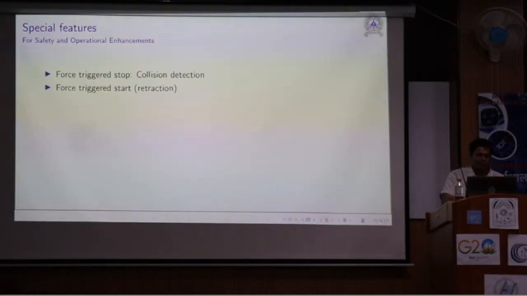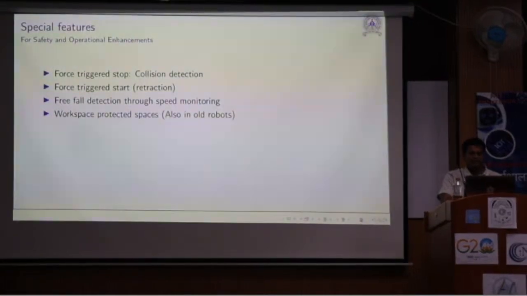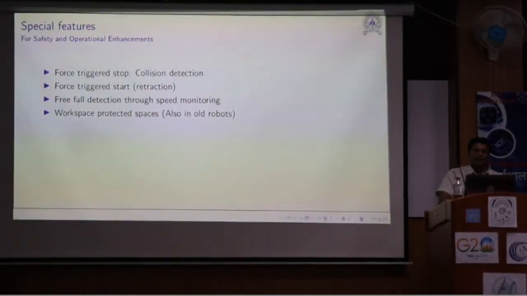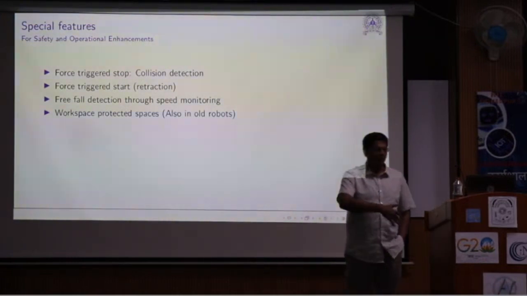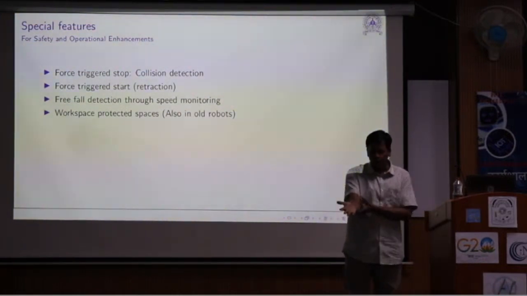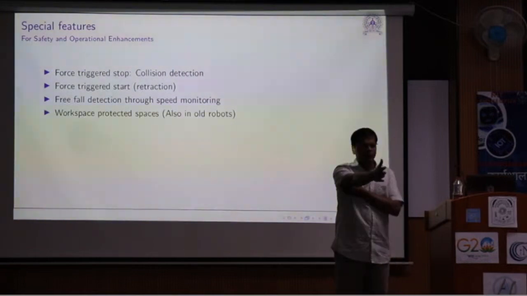Normally that is not required. Free fall detection due to speed monitoring, I have told you why it is required for safety reasons. Workspace protected spaces were there in older robots also. You can confine your robot from getting into some workspace. Let's say you have a base joint, your robot is there.